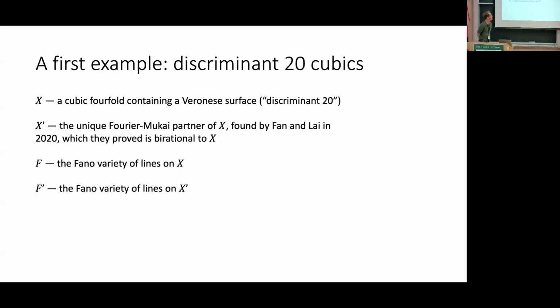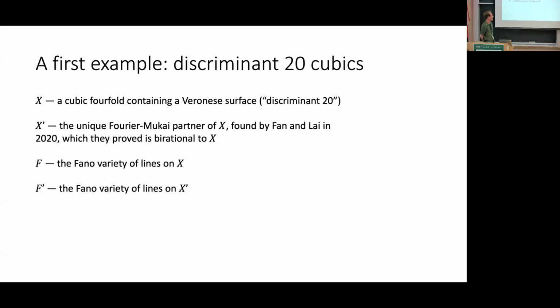So then we came up with this example in discriminant 20. In the moduli space of cubic fourfolds, there's a divisor parametrizing the cubic fourfolds containing a Veronese surface. And these are called cubic fourfolds of discriminant 20.